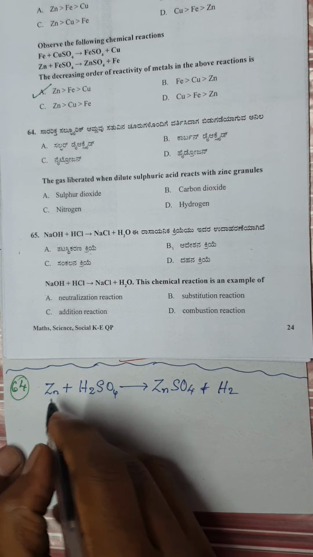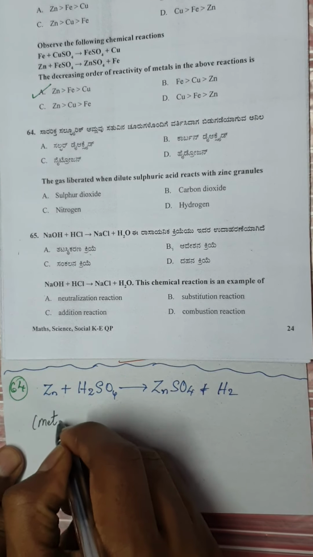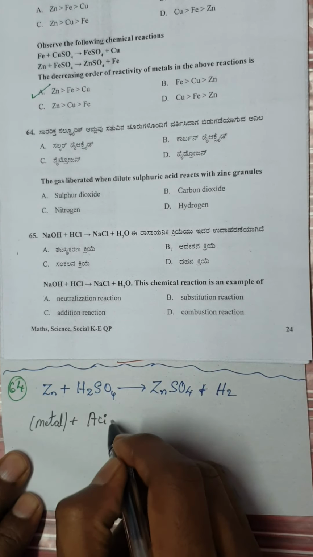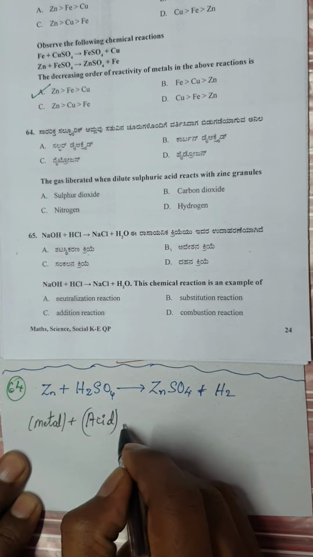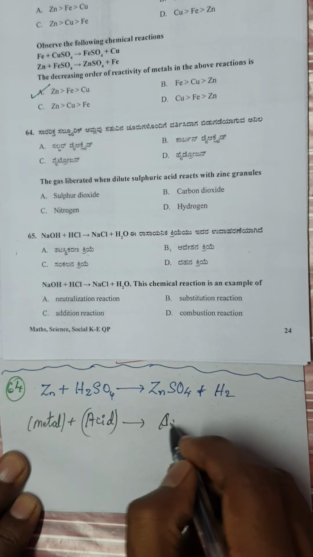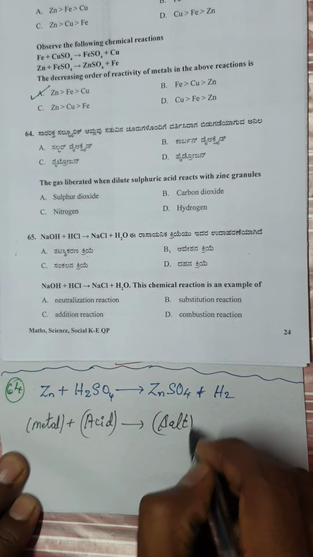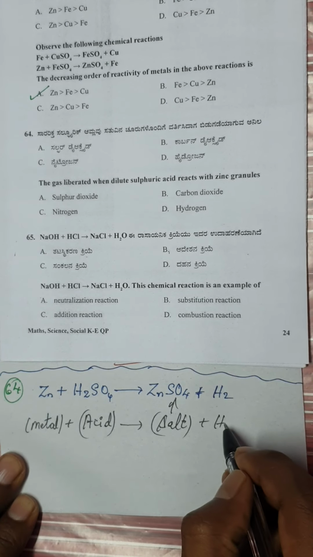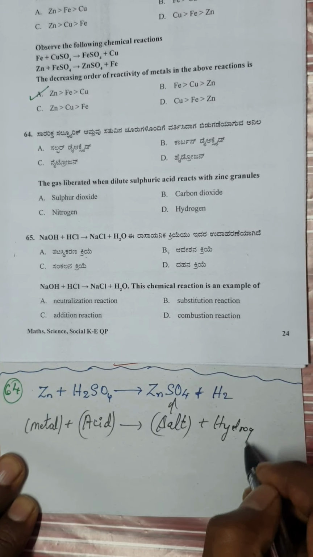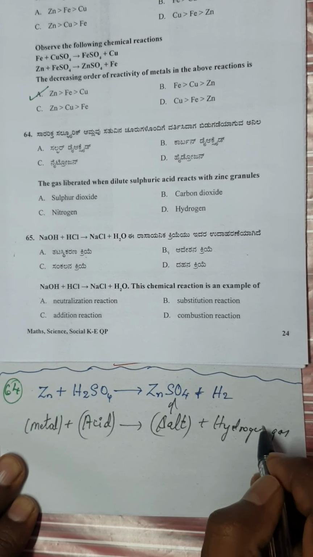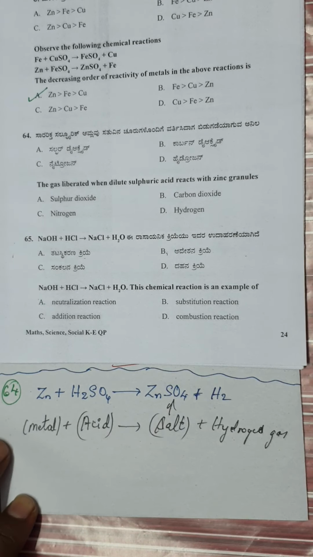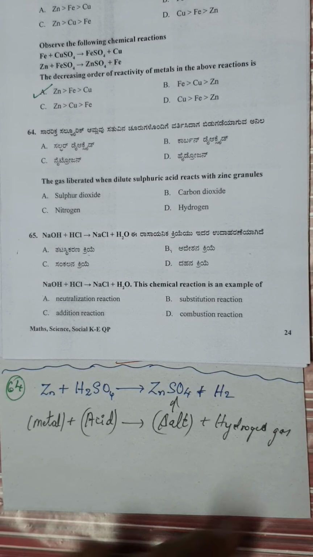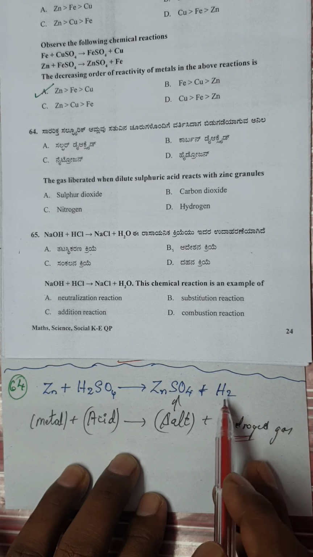We know zinc is a metal, isn't it? So when a metal reacts with an acid, and we know H2SO4 is an acid, this will give us a salt. The salt generated here would be zinc sulfate plus what gas? Hydrogen gas. Are you following? So this is the chemical reaction. According to this reaction, the gas which is liberated is hydrogen gas, which is H2.